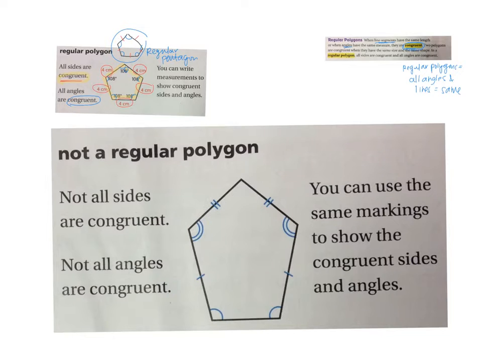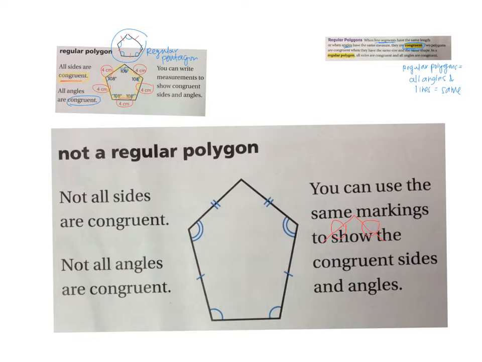This is still a pentagon because it still has 5 sides. Do you agree? 5 angles, 1, 2, 3, 4, 5, and 5 vertices, 1, 2, 3, 4, 5. However, this is not a regular pentagon because not all sides are congruent. Do you see now how they've used 2 small markings there to show that those 2 top line segments are congruent?